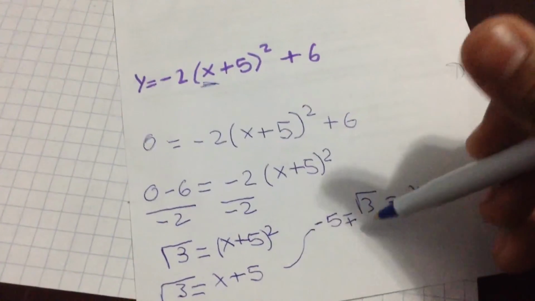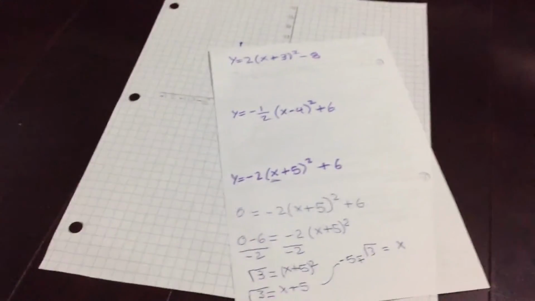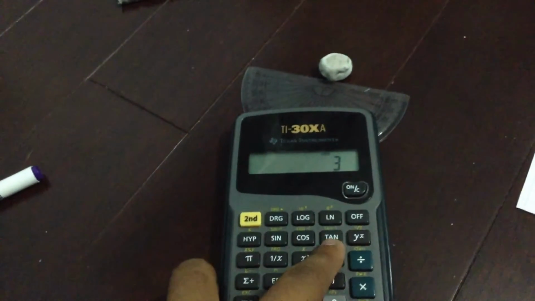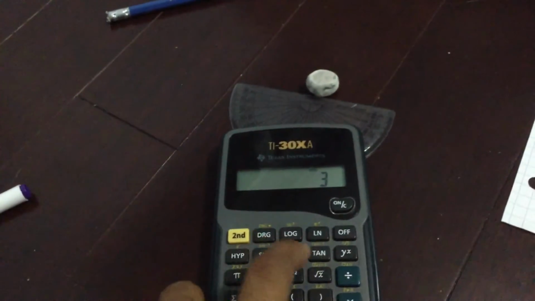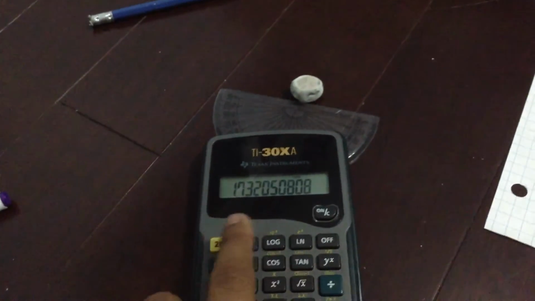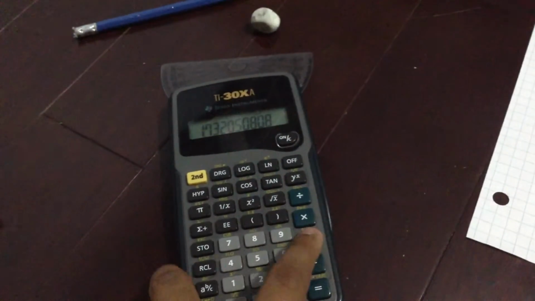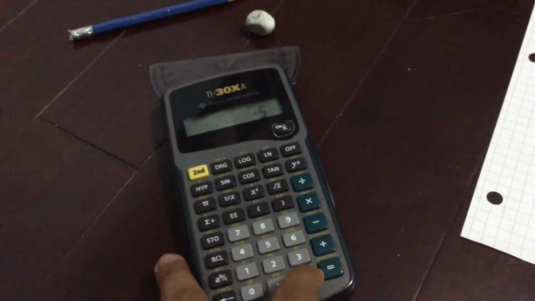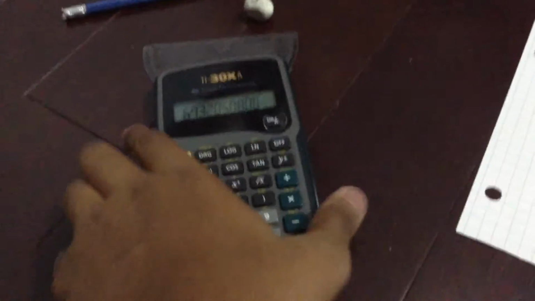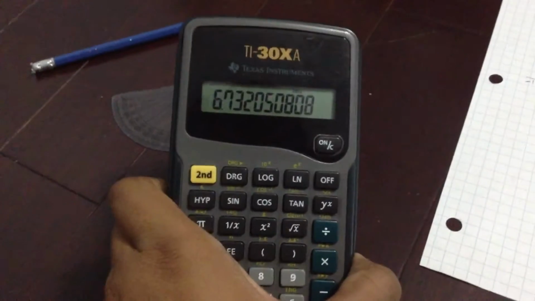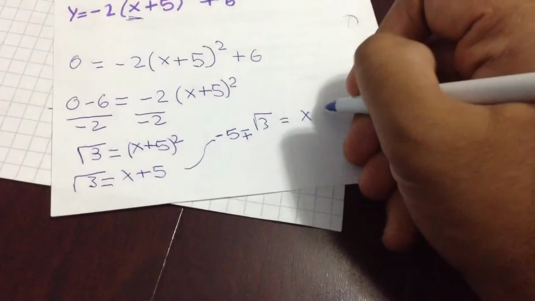Then you subtract 5 from the square root of 3. So we go square root of 3, minus 5 negative, which equals 6.73.